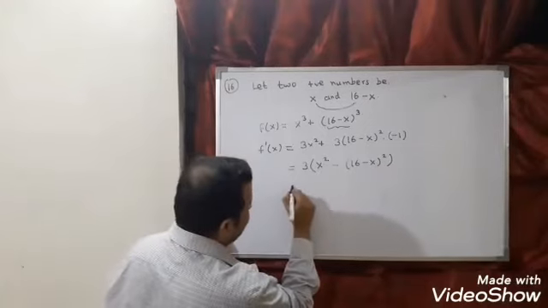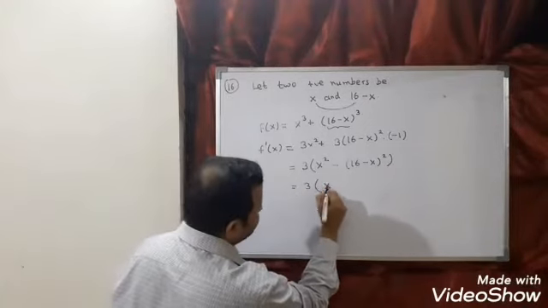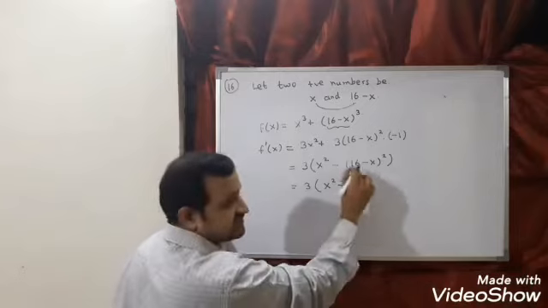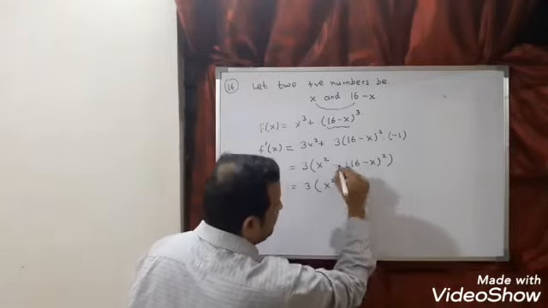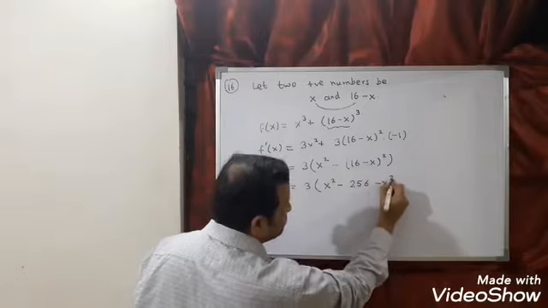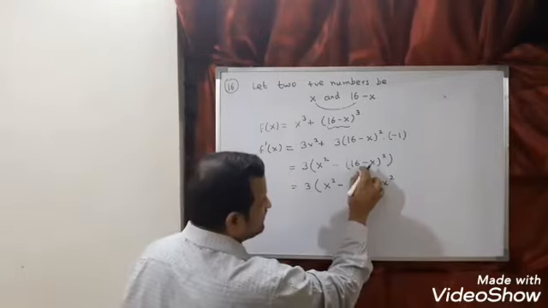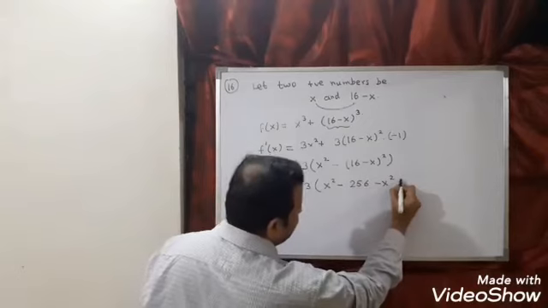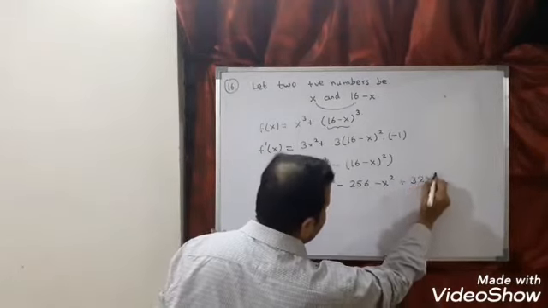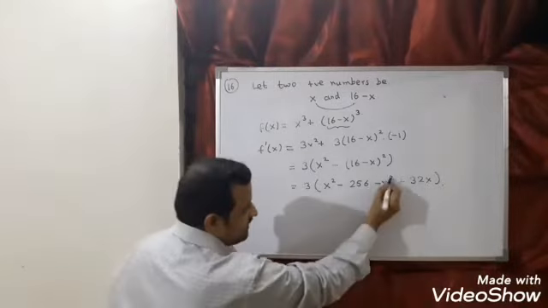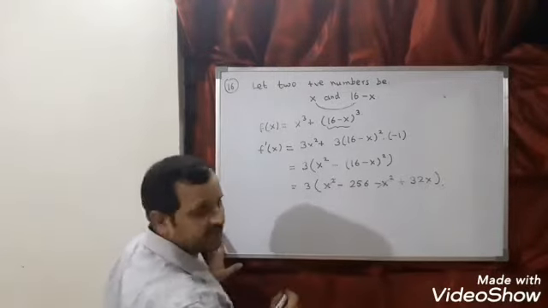Or this we can write as 3 into x square minus 16 square, which is 256, plus x square, but minus is there, so minus x square will come, and minus of minus, plus will come, 2 into 16, which is nothing but 32x. So you can see here x square cancels.